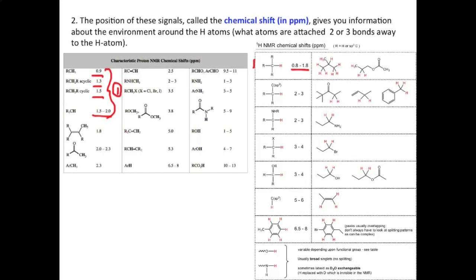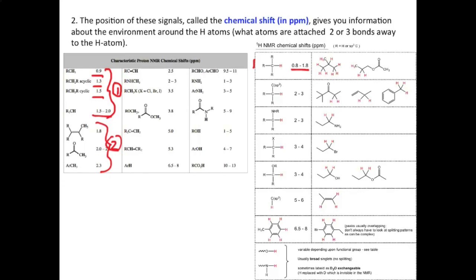Next, looking at our table, I like to group the next set into what I call 2. And what do these all have in common? I have an H connected to an sp3 carbon connected to an sp2. H to sp3 to sp2.